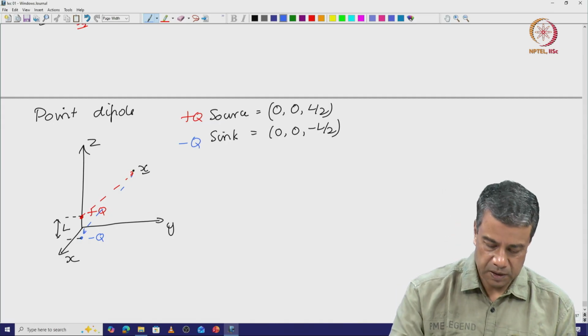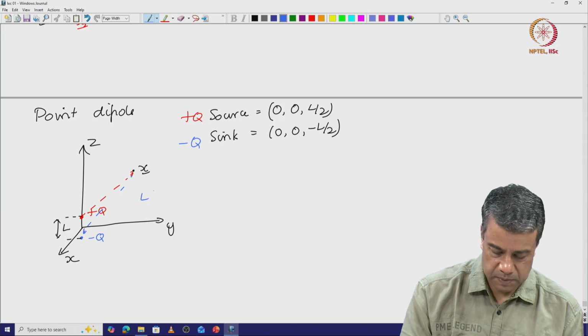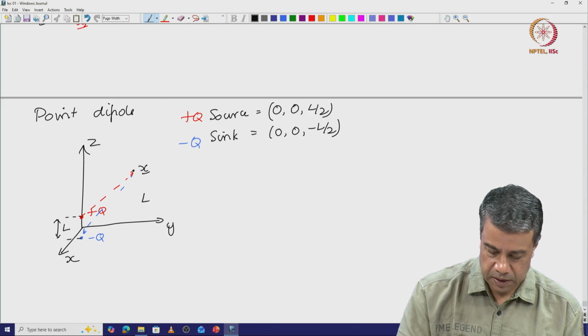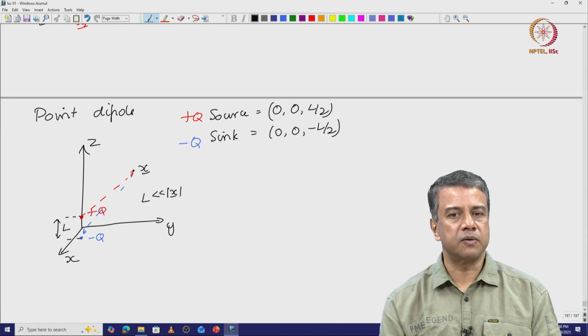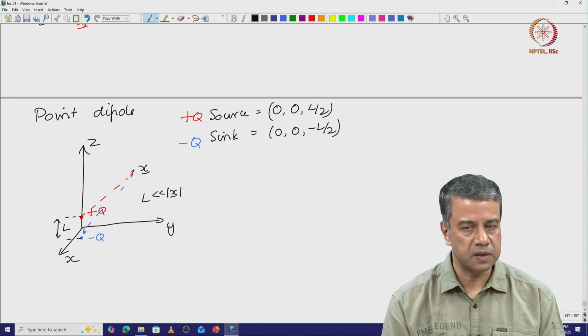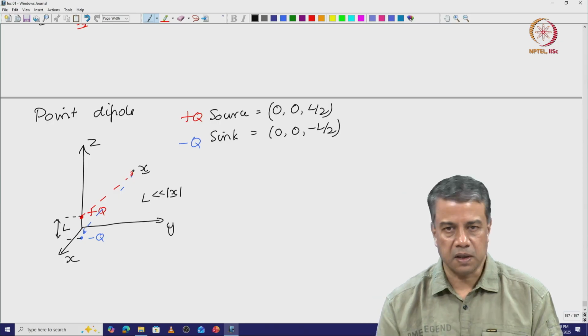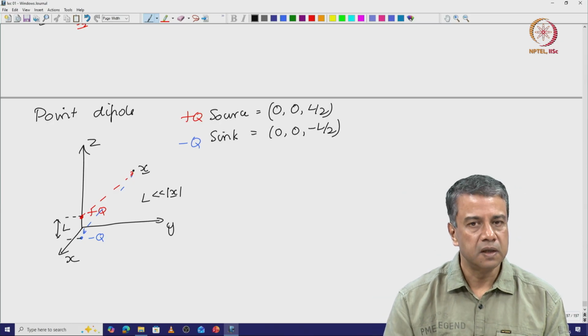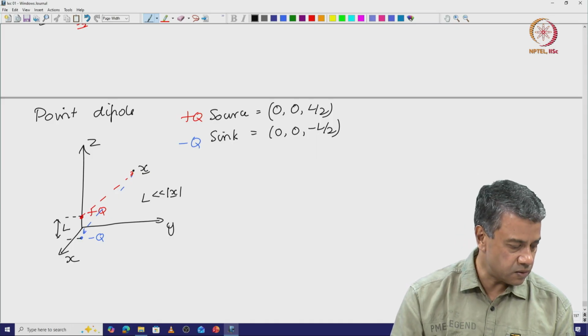That is, L is much smaller than x. That is, the separation between the source and sink is much smaller than the distance to the observation point. So, in that limit we want to find out what is the temperature field due to this combination of one source and one sink.